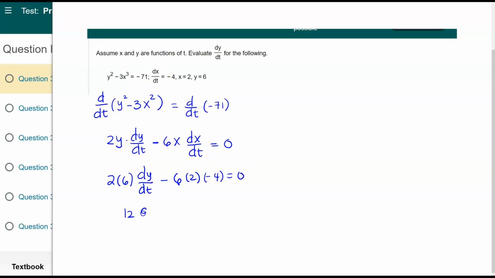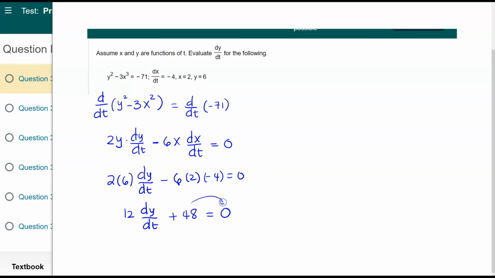So this is 12 dy/dt, that is positive. So this is now 8 times 6, that's 48. So positive 48 is equal to 0.